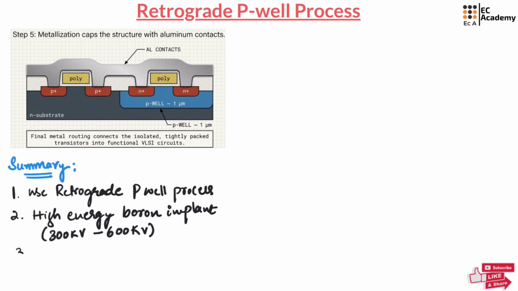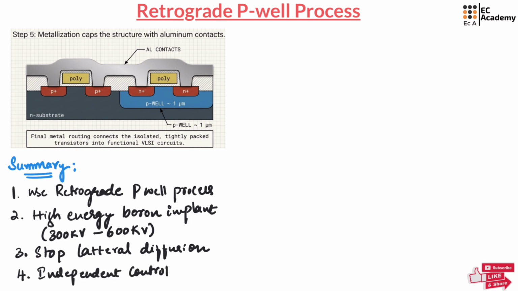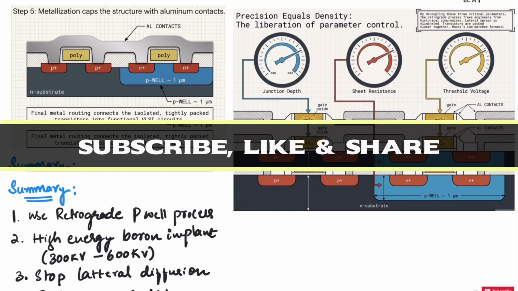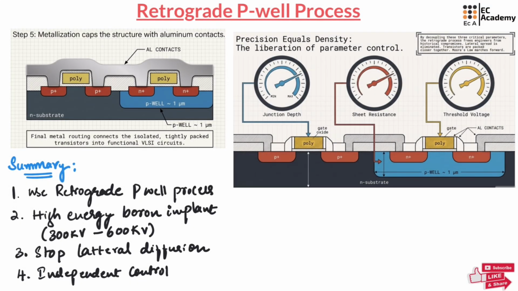So this high energy boron implant will stop sideways spreading, which means it will stop lateral diffusion, and also it allows independent control of different parameters. So three important parameters that we can control are junction depth, sheet resistance, and the threshold voltage of the transistor. This is about retrograde P-well process.